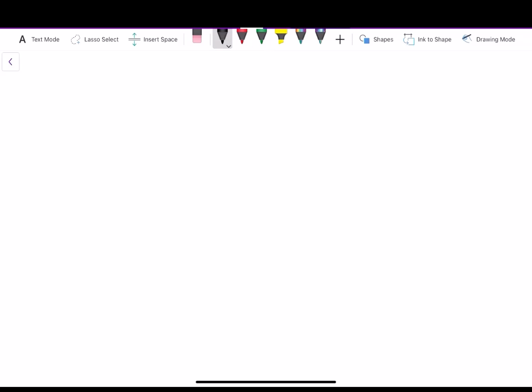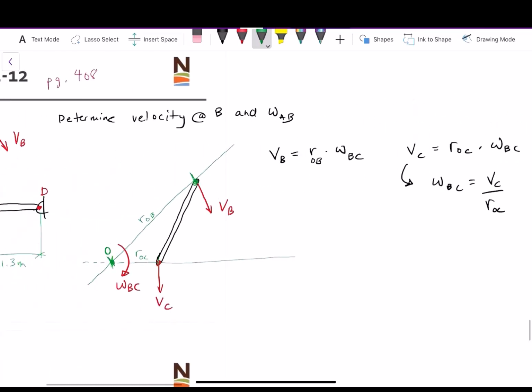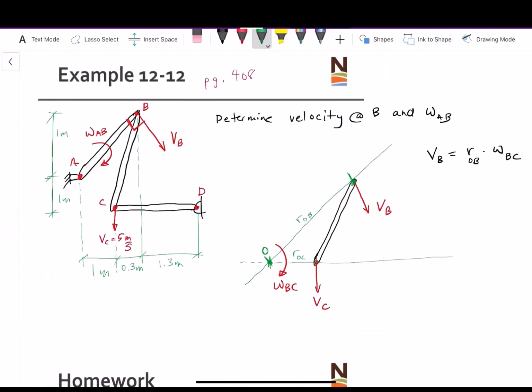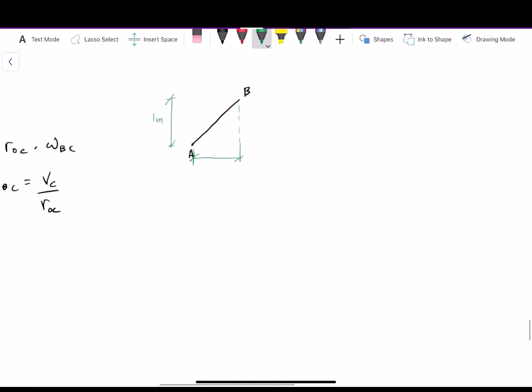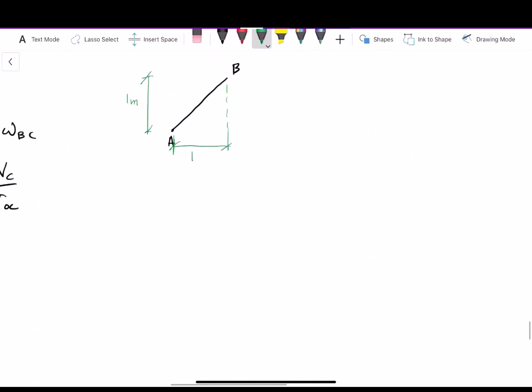I'm going to start with link AB. If we look at AB, it looks something like this. We've got A, we've got B. What we do know is that the vertical distance here is 1 meter. We know the horizontal distance is going to be, let's go all the way back here, 1 meter plus 0.3 meters, so this is 1.3 meters.